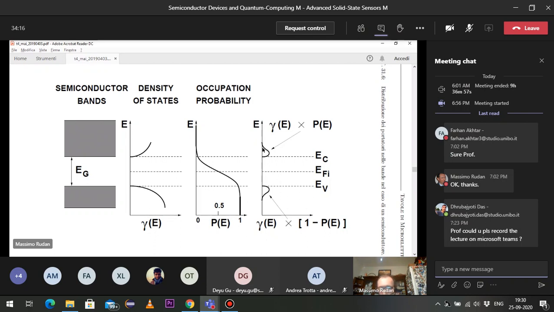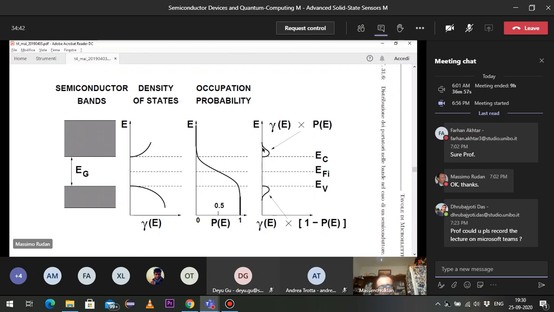But concentration will increase. And the increase in concentration is much stronger than the decrease in mobility. So in a semiconductor, conductivity increases with temperature. So it is just opposite with respect to the metal, where conductivity decreases with temperature.